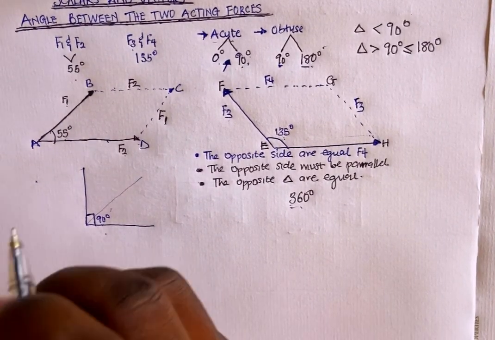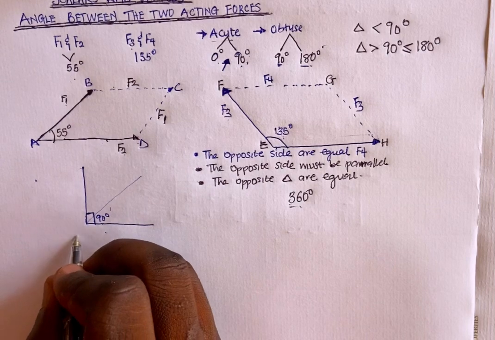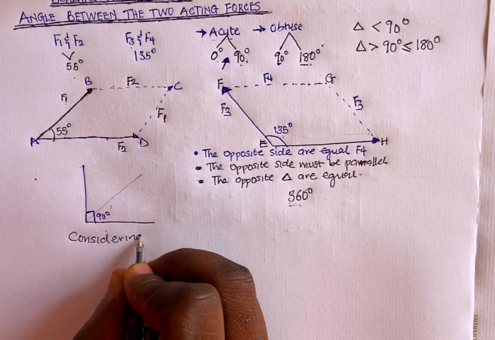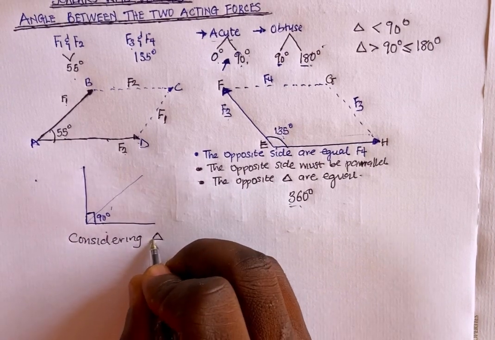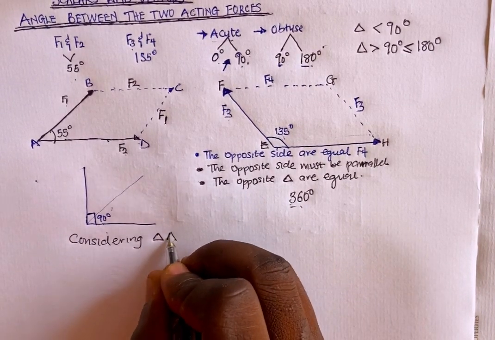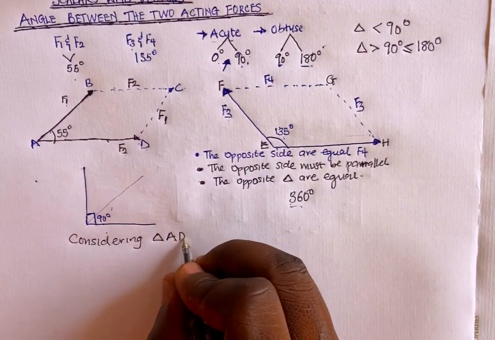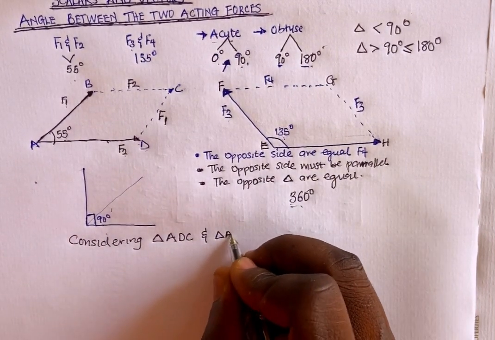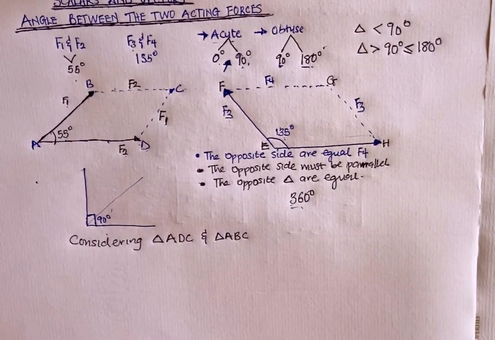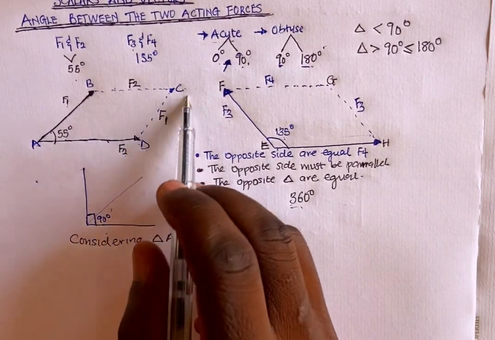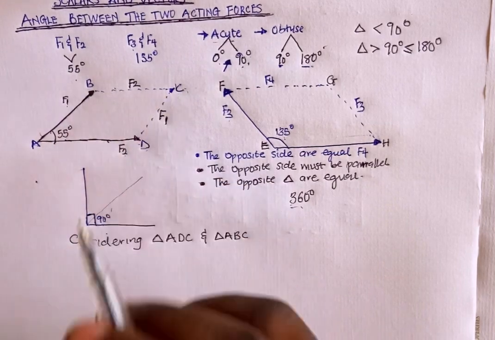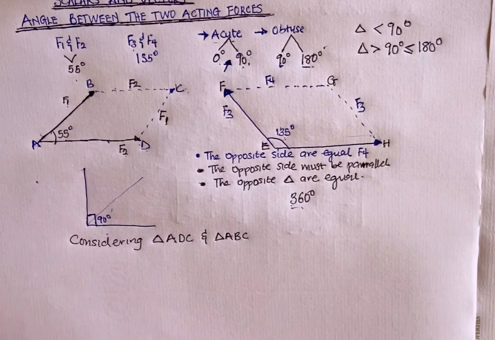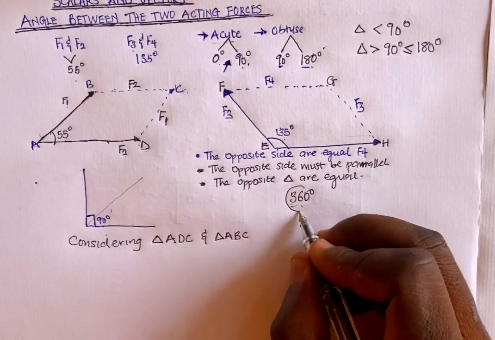In the case of an acute angle, since we said the opposite angles are equal, what I'm actually going to do in this case is consider angle ADC and angle ABC. Exactly. We are considering ADC and ABC, right? We said the sum of all the angles in a parallelogram must be equal to 360.